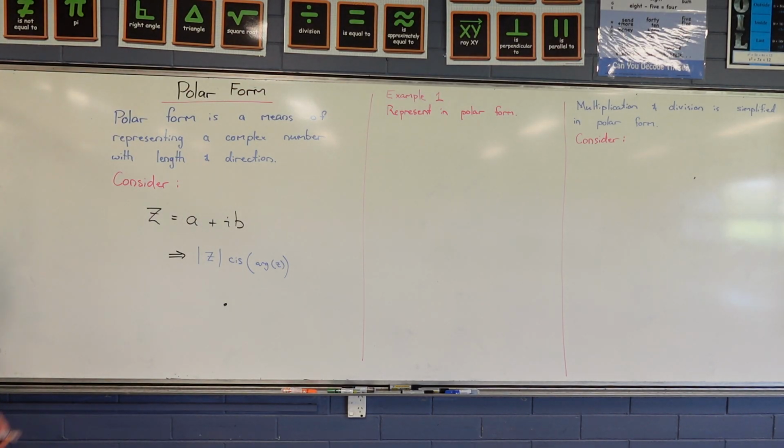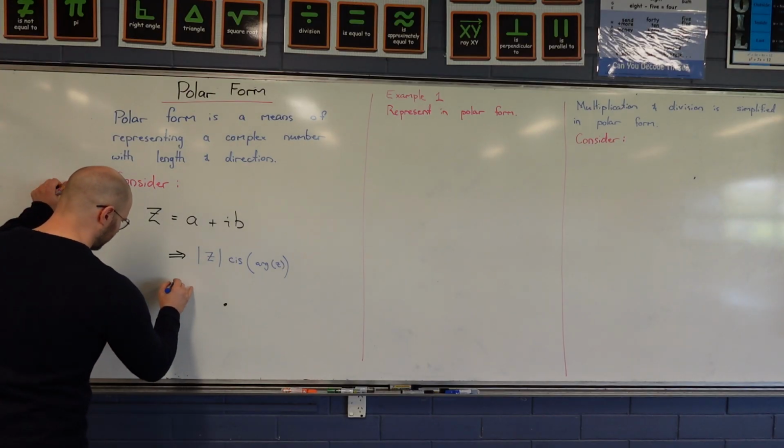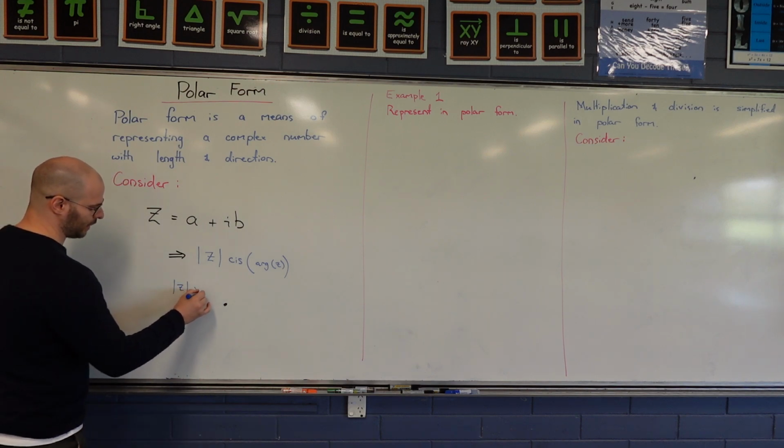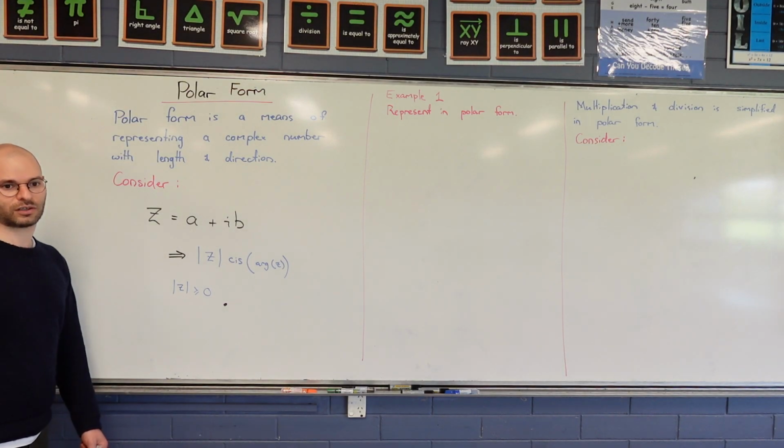Conditions we need to consider: firstly, the magnitude of z is always going to be greater than or equal to 0. It just has to be. Why? Because if it's less than 0, then you're not going to have the magnitude.